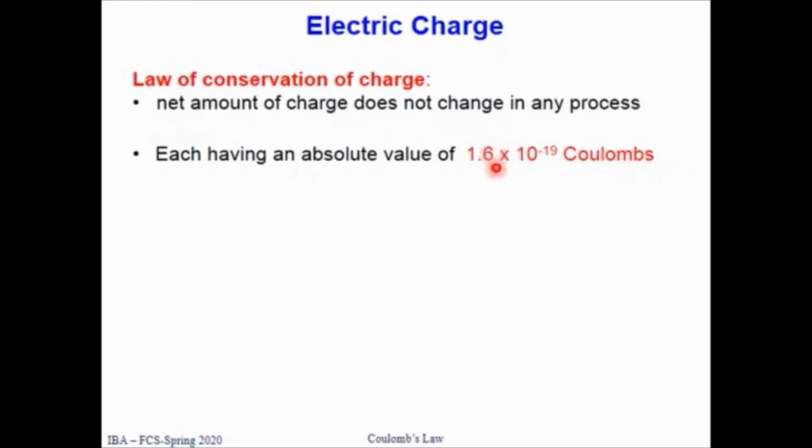And this is the smallest value of charge that appears on any entity. Therefore, the electron is the smallest particle of an atom, and this number is associated with the electron.